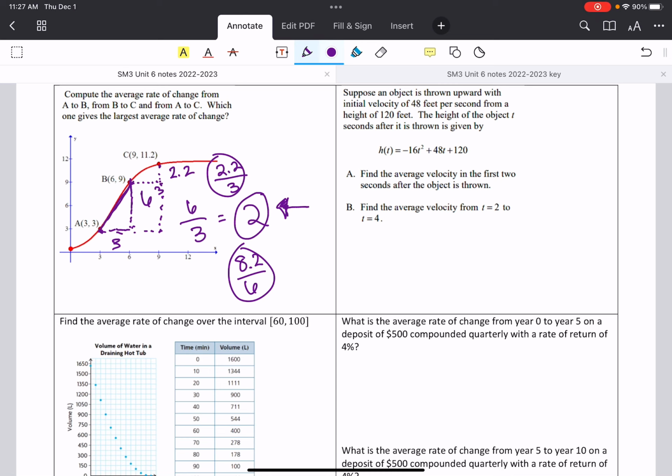But what's new is that the graph isn't a straight line, right? The graph went like this. So the average rate of change changed on different time periods. From A to B, it was different than from B to C. It was steeper. So that's important to know. If you're looking at a stock market, and all you looked at was from 2007 to 2009, it would have been negative, right?